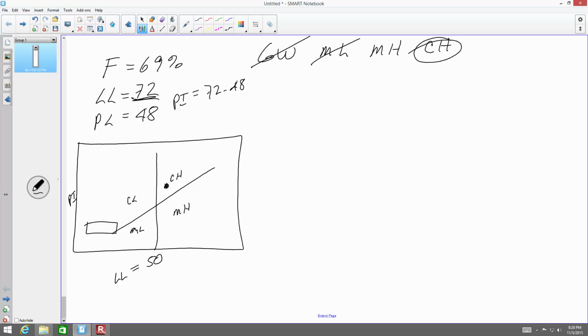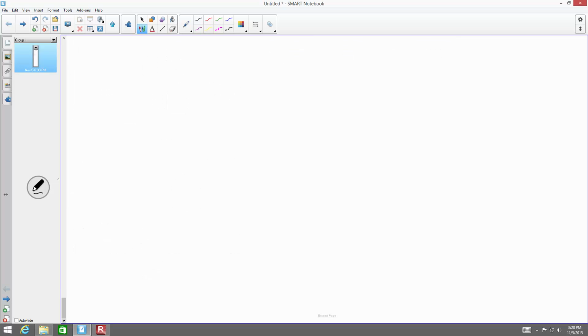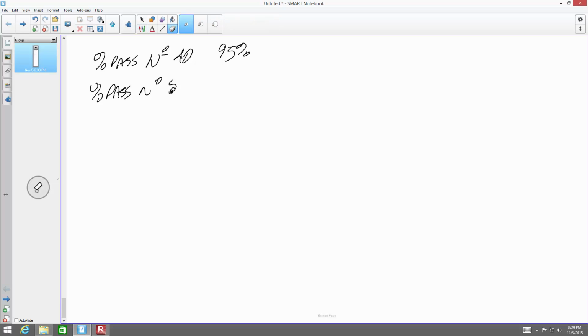Oh, another classification one. I like it. Sample has the following characteristics. Percent passing the number 40, 95%. Percent passing, I'm sorry, the number 200.